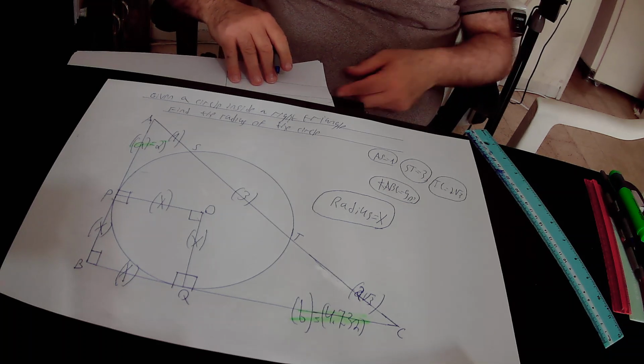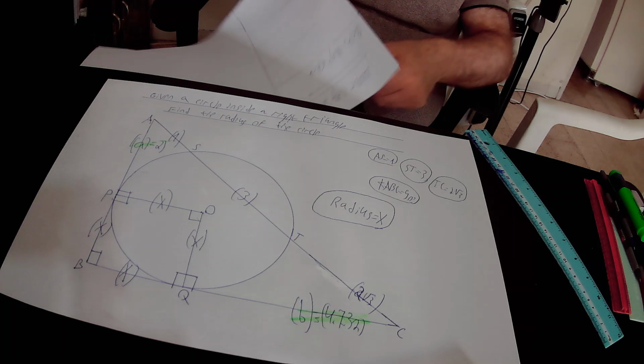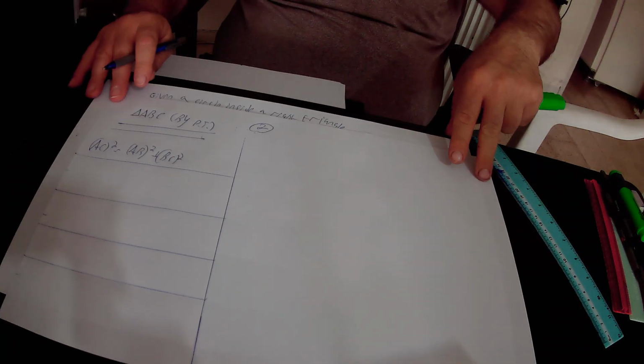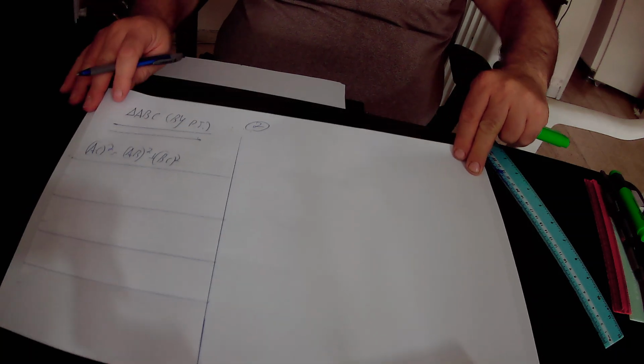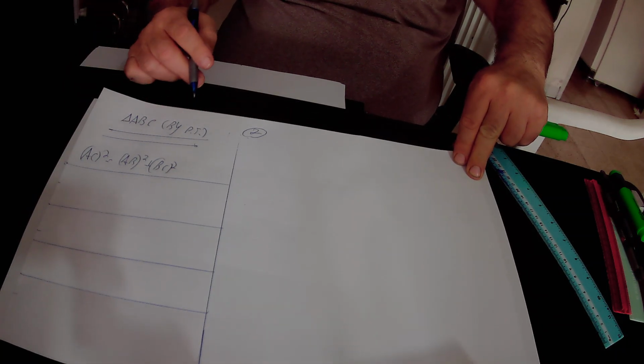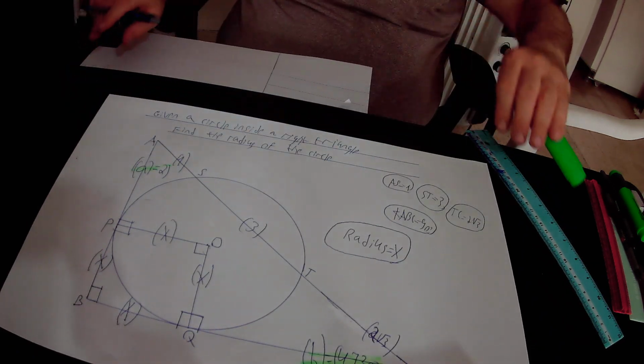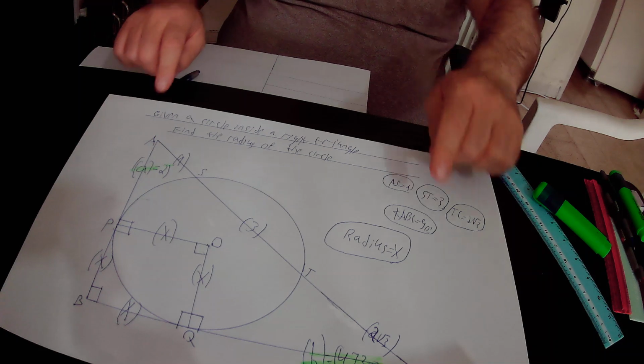Repeat again, according to the Pythagoras theorem, in the right triangle ABC, AC square must be equal to AB square plus BC square. What is the length of the hypotenuse AC?